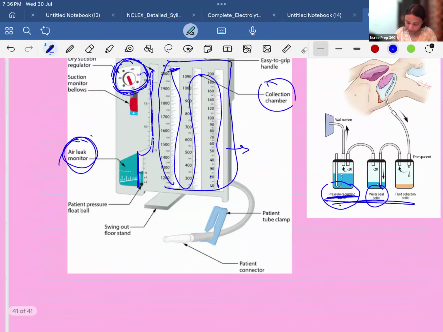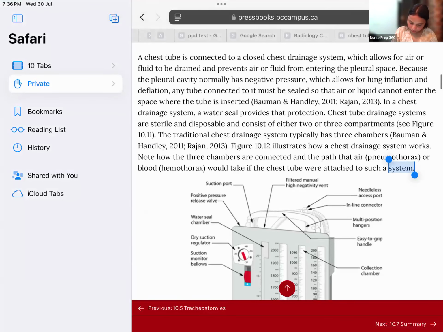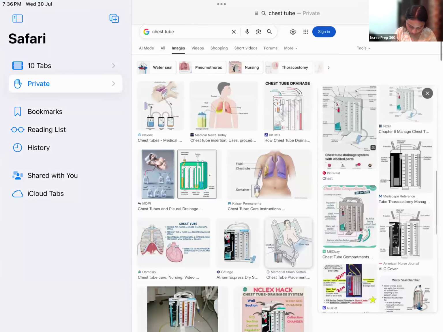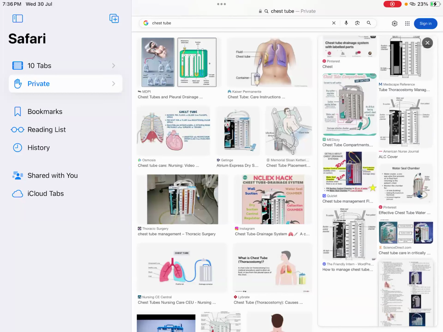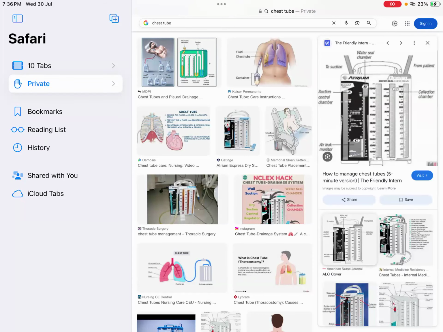Let me show you the wet chamber also. So this is your wet chamber.